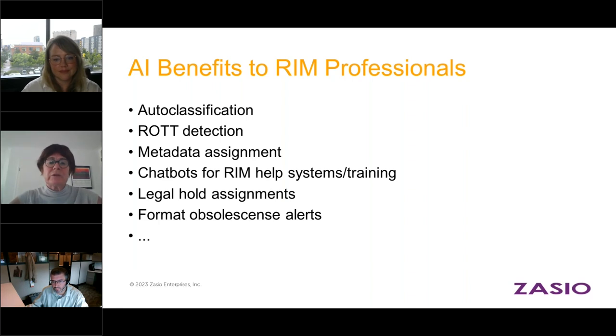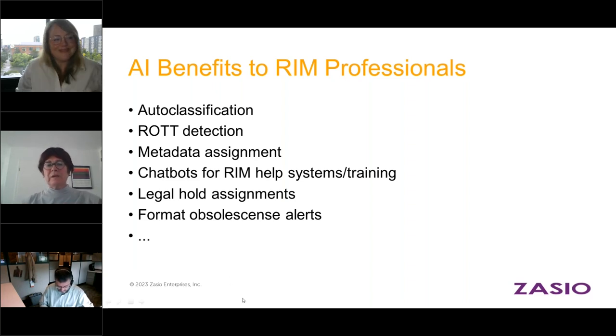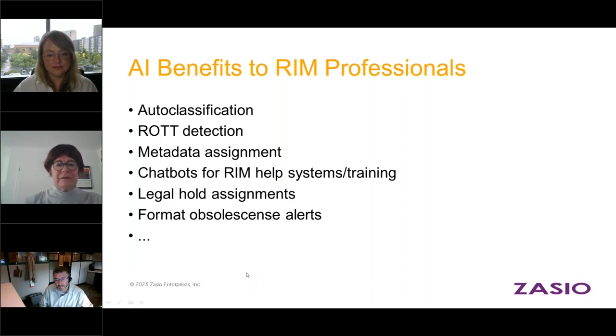Legal hold assignments certainly is also a big topic, of course, in US legislation, but also things like format obsolescence alerts that could all be coming up through AI technology. I have to confess, I'm not the expert right now on what's already being offered on the market, but I guess here with Zasio, you will have a company that's also looking into these things.